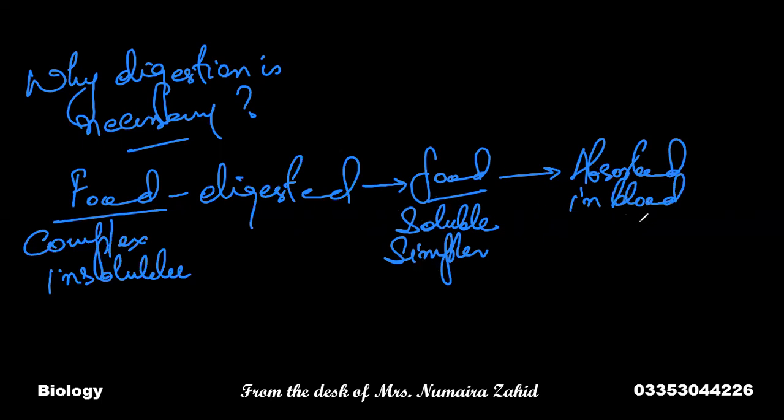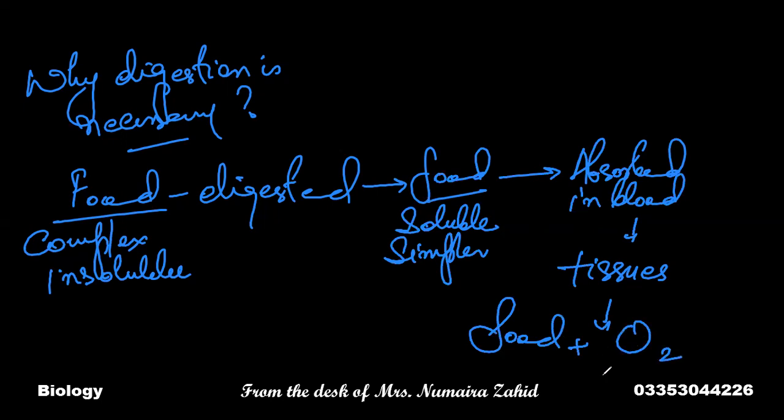Blood takes it to the tissues, where the tissues take up this food from the blood and break it down to release energy. When food is mixed with oxygen, it releases energy. This is the energy which we obtain from food.